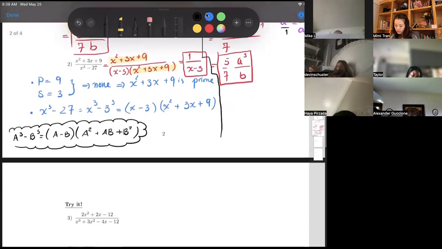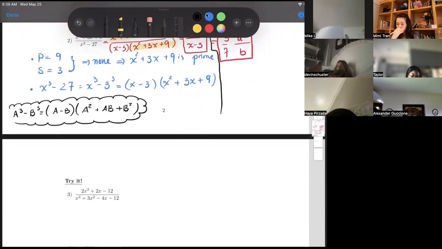You guys try number 3 and put an answer in the chat. For number 3 on the top, I would factor out the GCF first, and then I factor more.